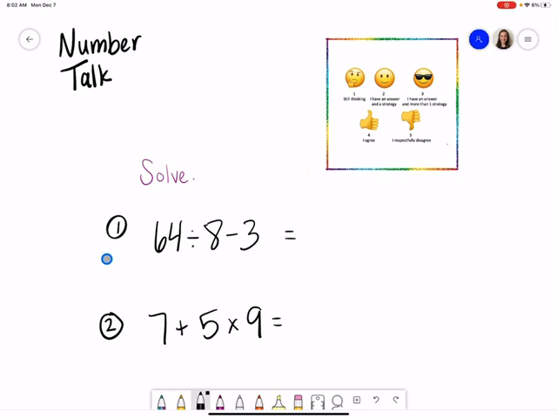For our number talk for today, I want you to solve problems 1 and 2. Go ahead, take a moment, pause your video, and solve those equations.